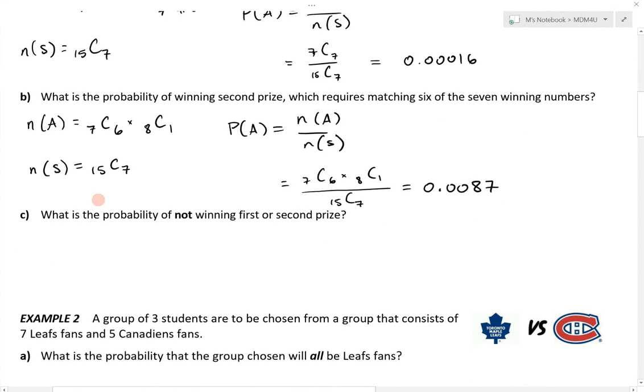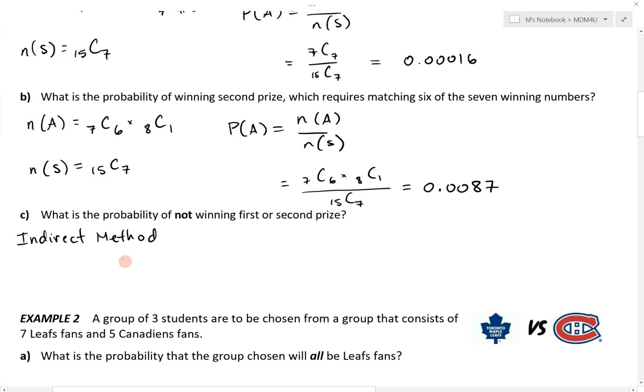What is the probability of not winning the first or second prize? So the way we calculate this is by the indirect method. And if you forget what the indirect method is, it's just simply taking all the possible outcomes and subtracting the ones that we don't want, and whatever's left over is what we do want.